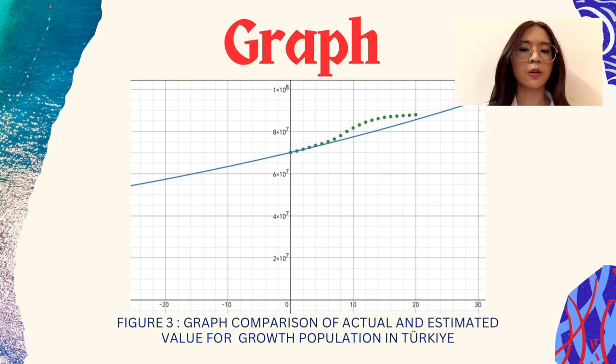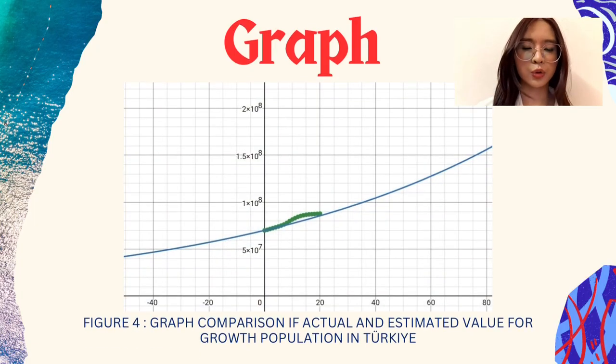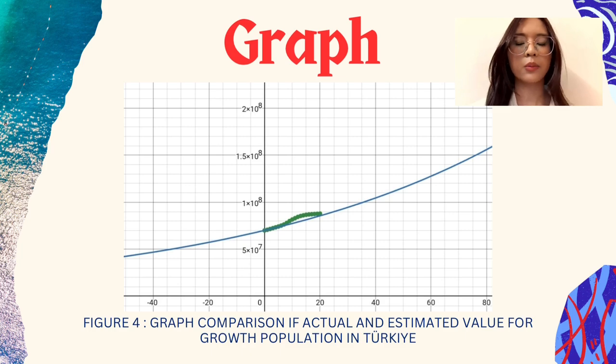Here is a graph comparing the actual and estimated values of the population growth in Turkey. Here is a more zoomed out version of the graph comparison. As we can identify, we can still see the difference in value between the theoretical and actual value. It is quite a large and inconsistent difference.